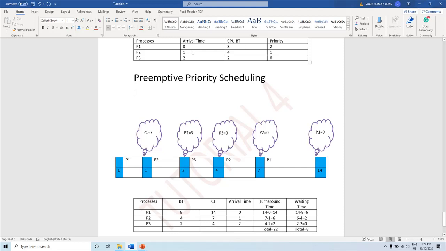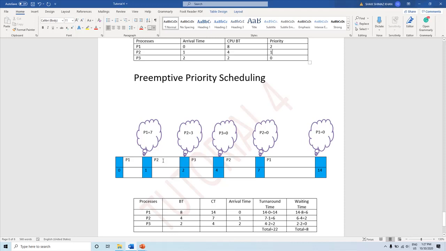P2's priority is higher than P1's, right? If the value is less, it represents higher priority. So P2 has a higher priority than P1.